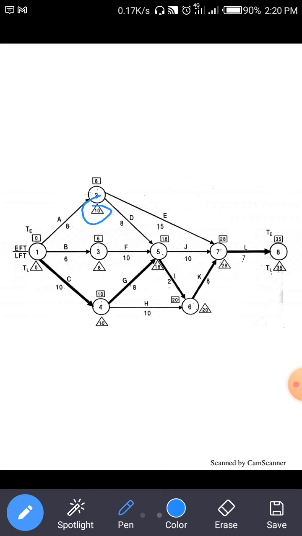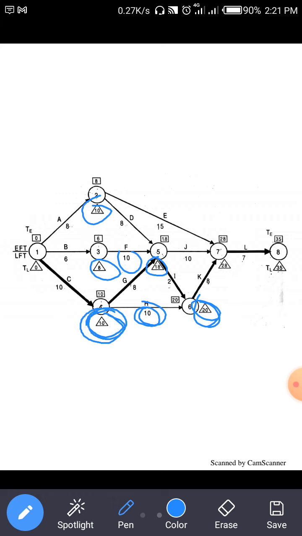So we write here 10. Then 18 minus 10 is 8 for node number 3, and then 20 minus 10 is 10, so for node number 4 the TL value is 10.